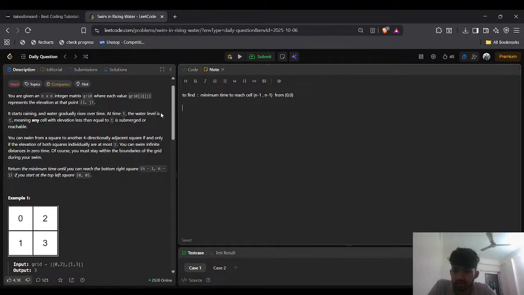Then we should write some lines that help us to go. You can swim infinite distance in 0 time if and only if. Okay, these lines are important.